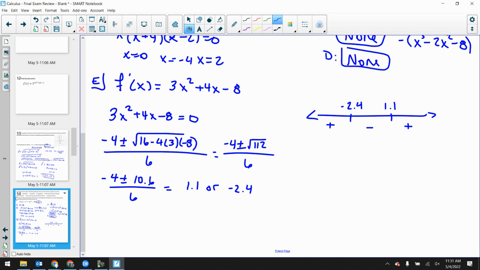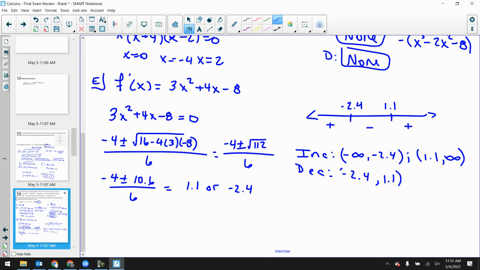That tells me where it's going from increasing to decreasing. So this is increasing from negative infinity to negative 2.4, and as well from 1.1 onward. It's decreasing from negative 2.4 to 1.1. All that for just letter E, right?